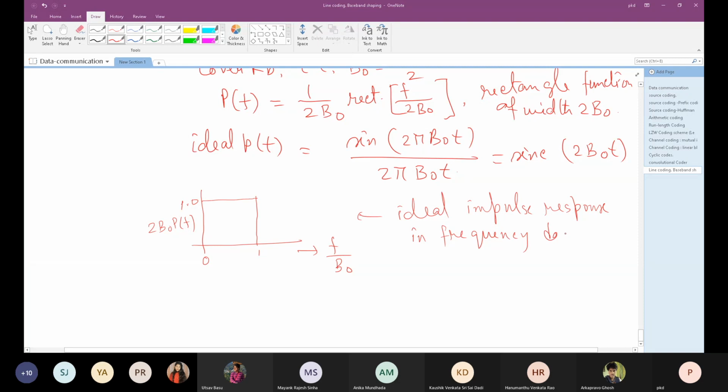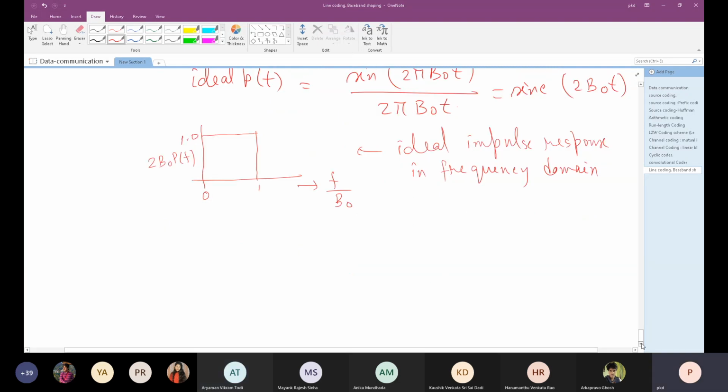So why is it called an impulse response? Because PT we are taking as an impulse. This PT is the impulse. If we take PT in the normalized time domain, T by TB, where TB is the bit period.